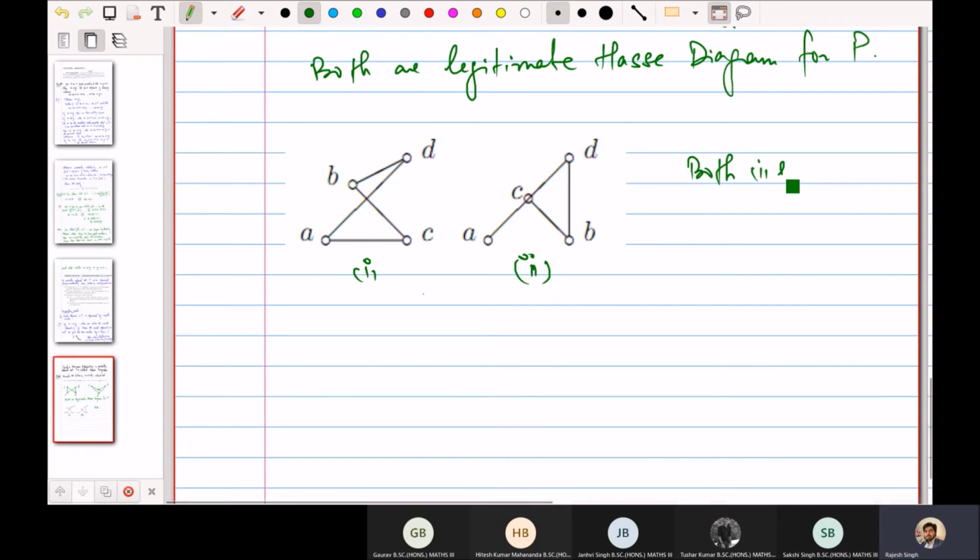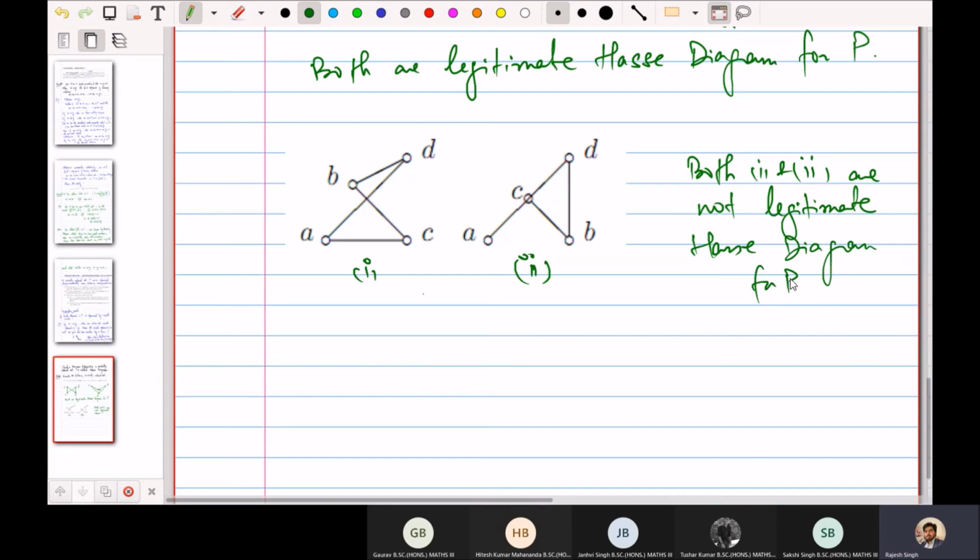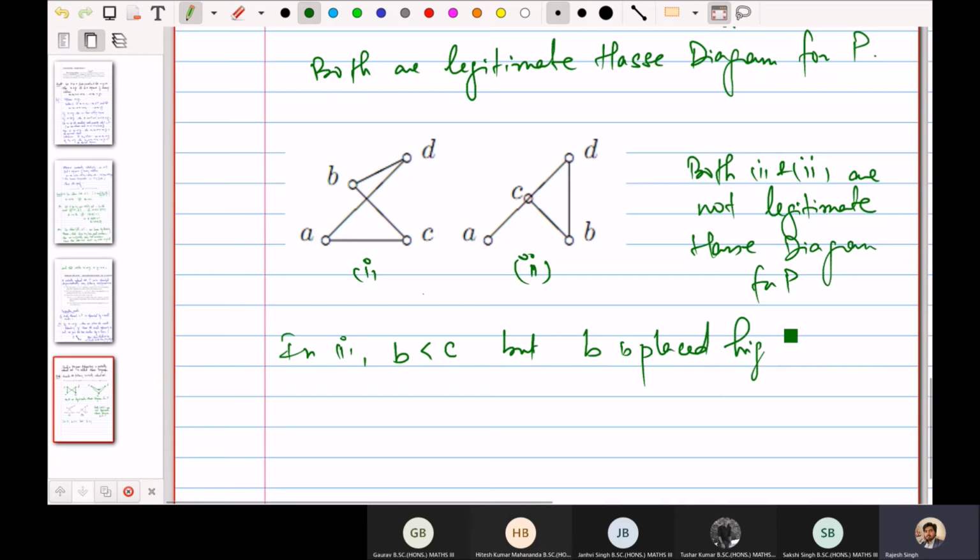So both 1 and 2 are not legitimate Hasse diagrams for P. In one, B is related to C, but B is placed higher than C, right?